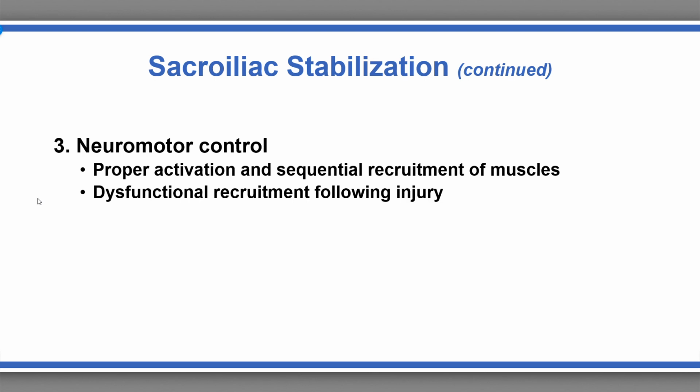As an example of this, the transverse abdominis will normally fire or activate before the shoulder muscles do, as the body prepares to throw an object. But individuals with, for example, low back pain may have impairments in creating this stability.